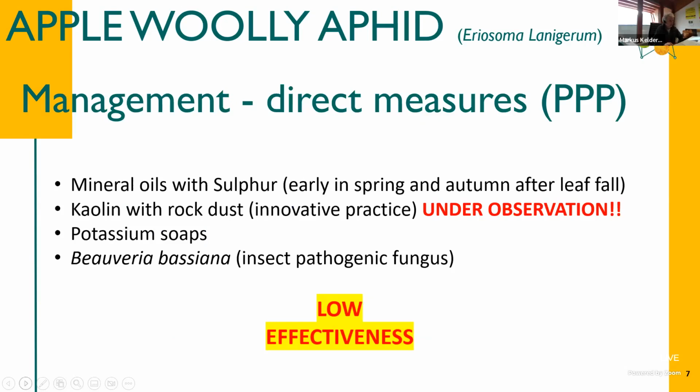Direct measures with plant protection products. We do not have a lot. In our trials, this mixture of mineral oil and sulfur is normally the most efficacious. Kaolin, we do not have observations until now. Soaps, yes, can be a help. Beauveria bassiana, not, I have to say.